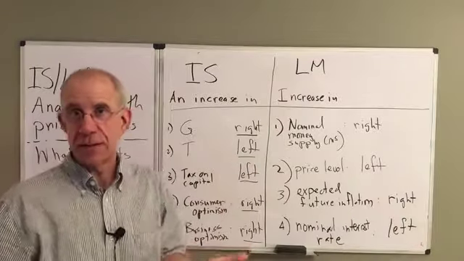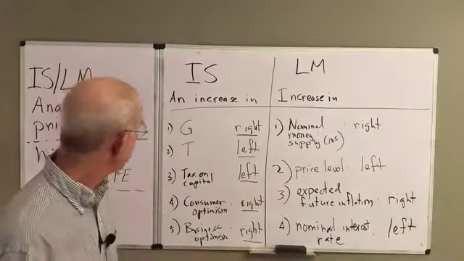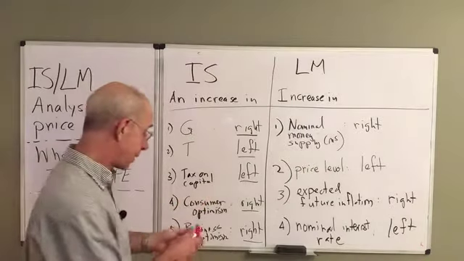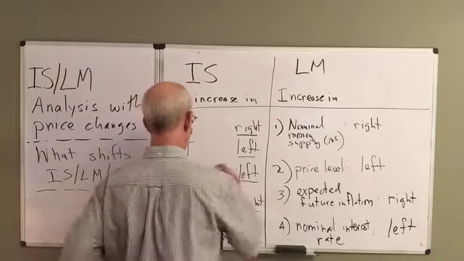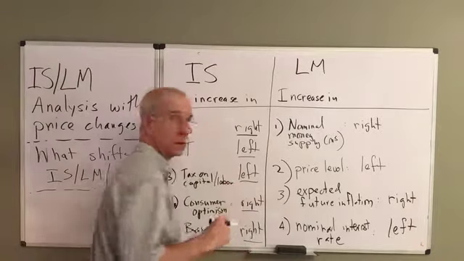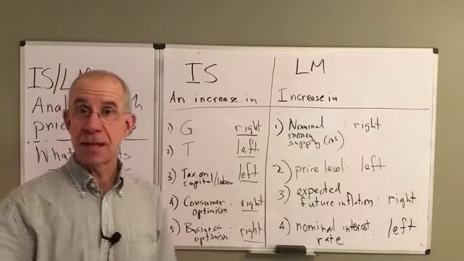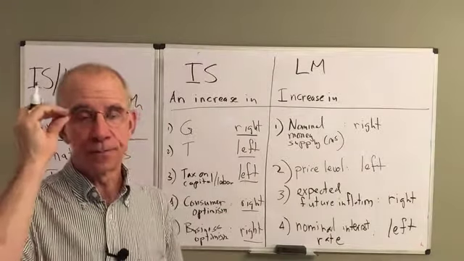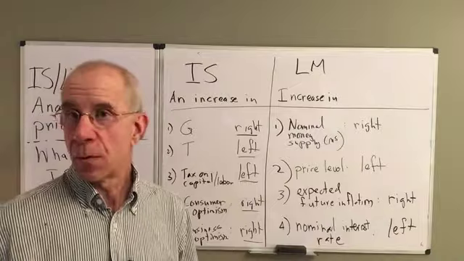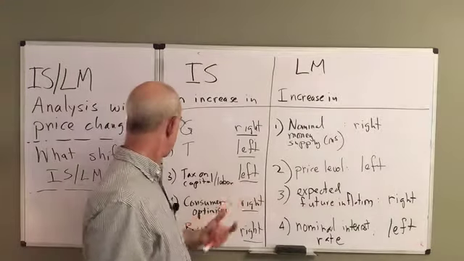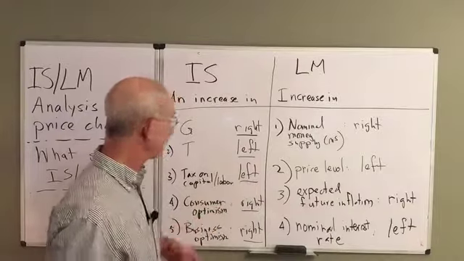If we have a decrease in taxes, it would obviously go to the right. An increase in tax on capital, or for that matter on labor. So if you had higher capital gains taxes, or higher payroll taxes on labor, that would shift the IS curve to the left.